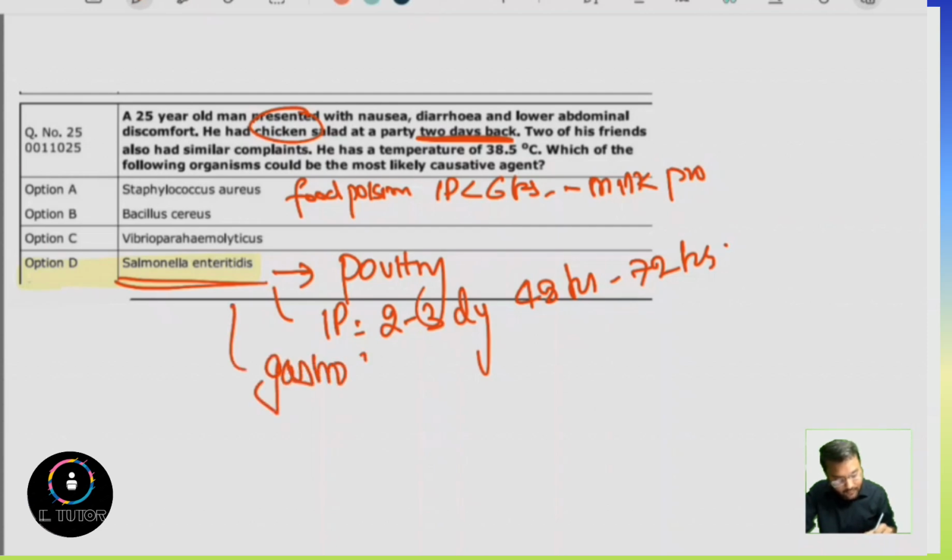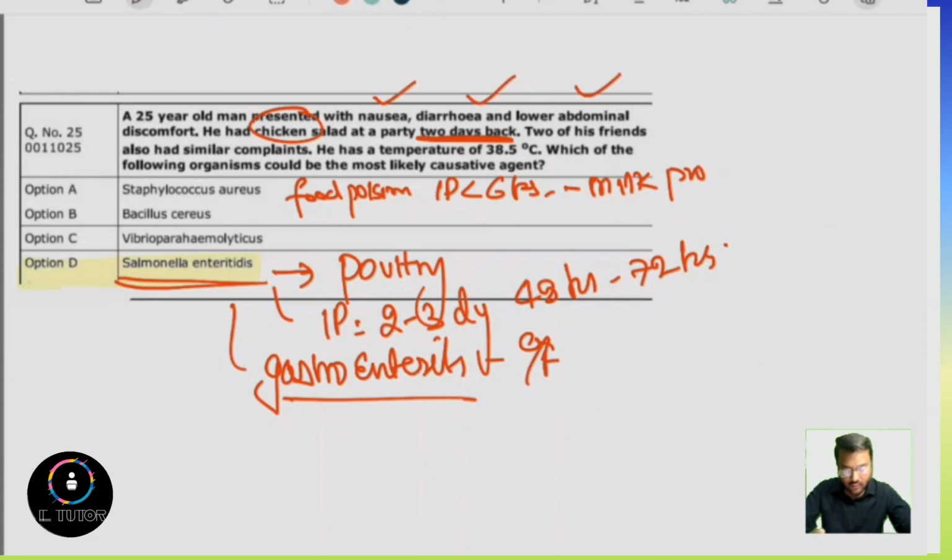So the clinical features will be nausea, diarrhea, lower abdominal pain, etc. So among the given options, the best answer is Salmonella enteritidis, option number 4.